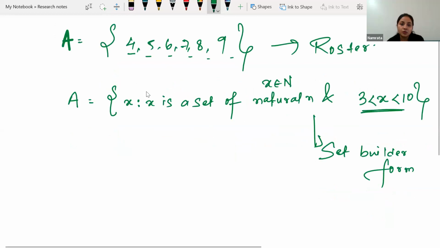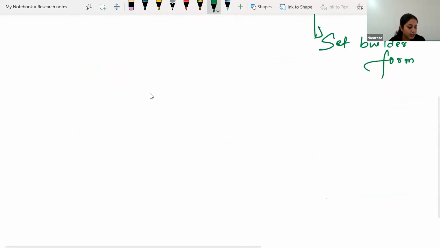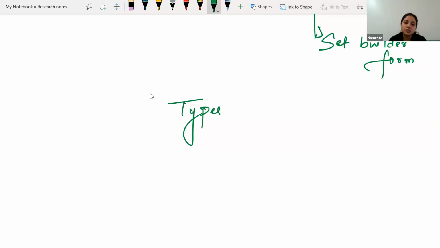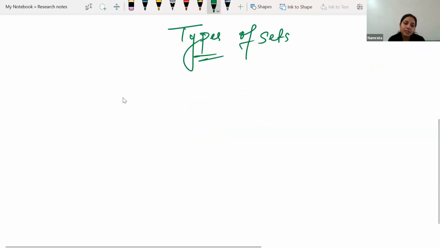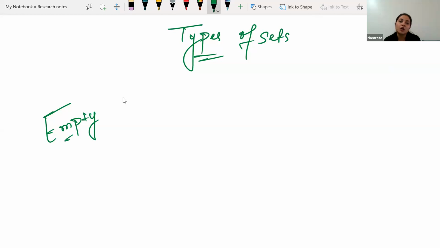Now the next concept is types of set. The first type is the empty set. As the name suggests, the name says all about itself: empty set. That means nothing is there, the set is empty. We can also represent it by using phi. So there are two ways to represent an empty set.